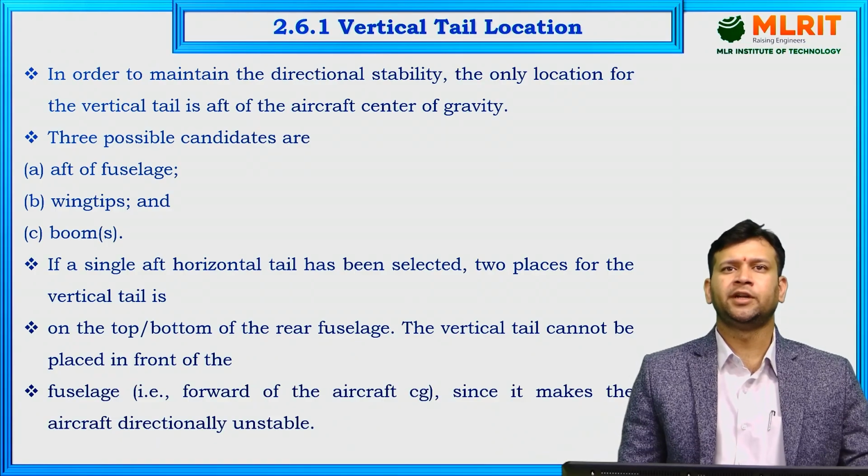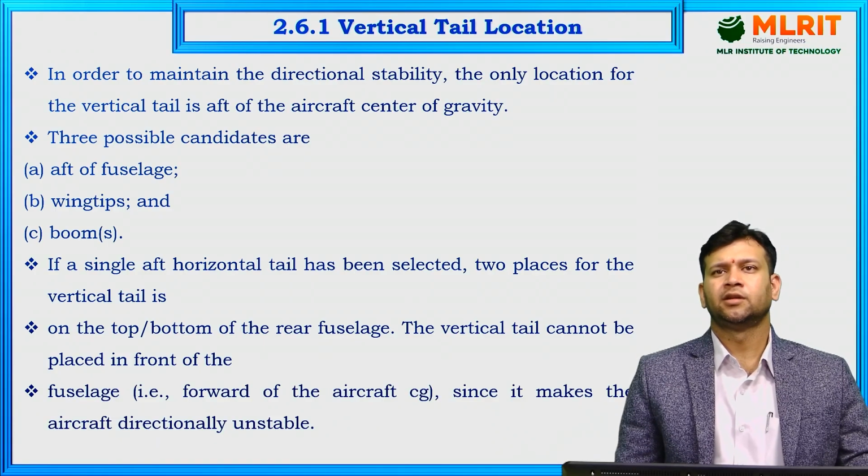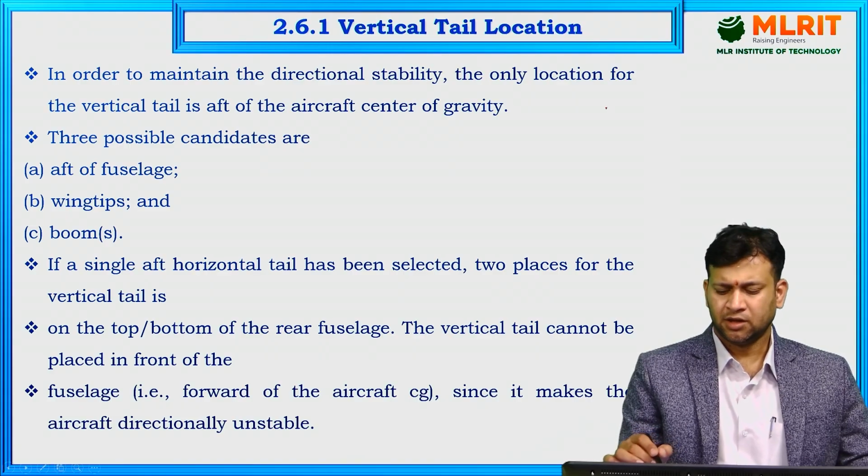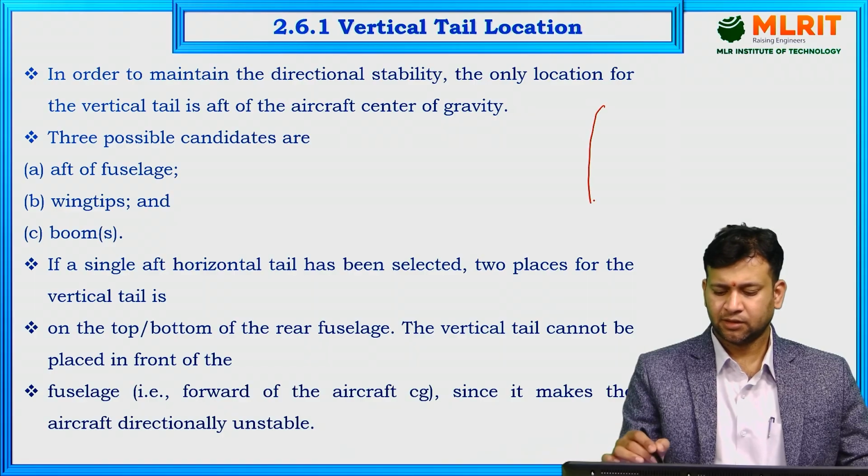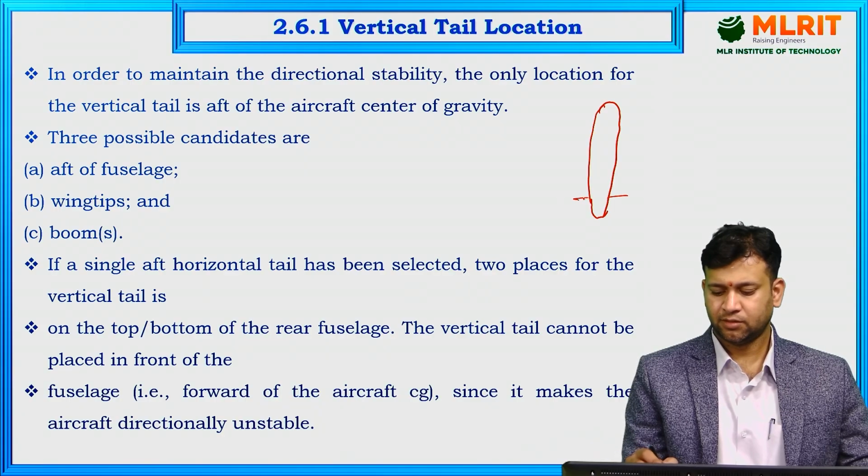In order to maintain the directional stability, the only location for vertical tail is aft of the aircraft CG. In many aircrafts, we have seen tails, for example. This is a CG.